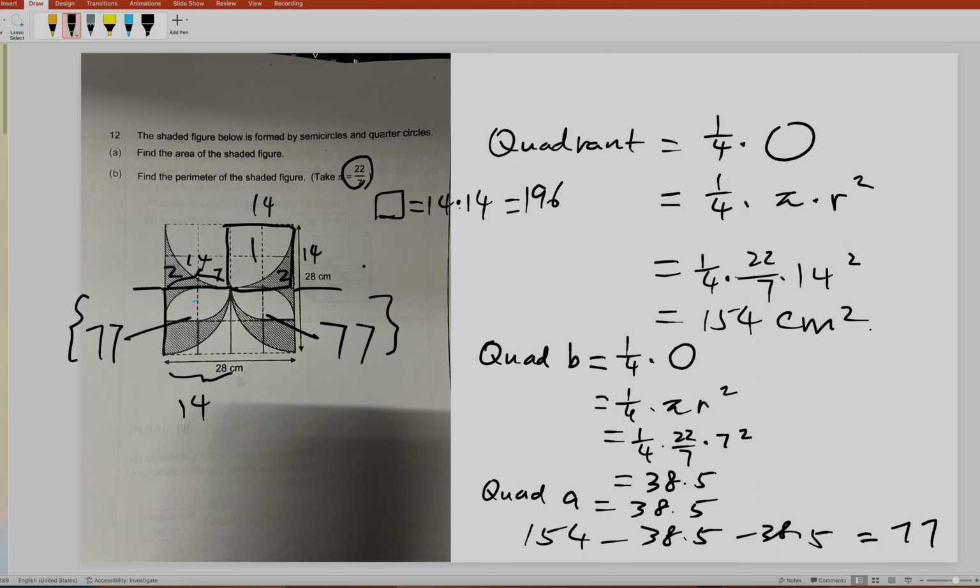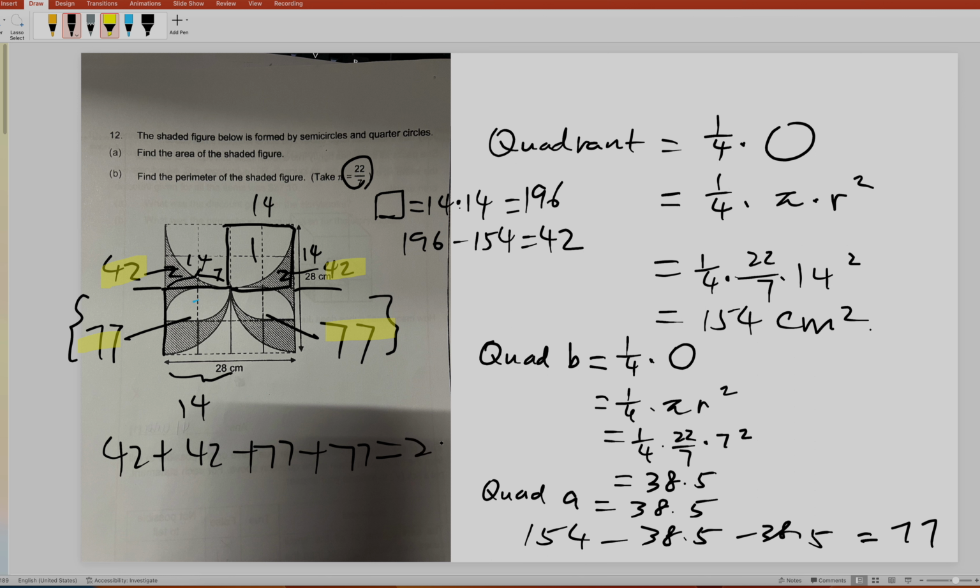Then you minus off. Do you know the 1 is actually 154? Yeah, so just minus off 154. 42. So this part is 42, right? Yes. And your job is to add up all this. That will give you the shaded region. 238. Okay, good. 238. Done.